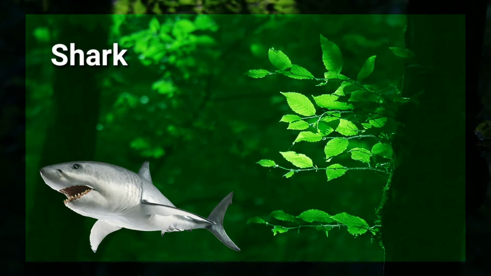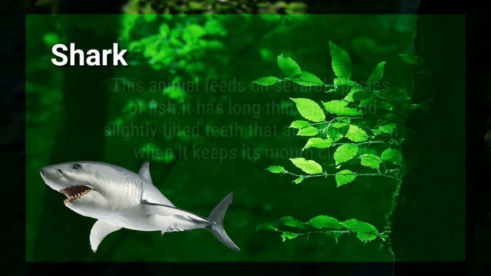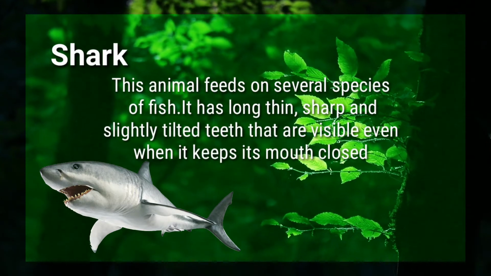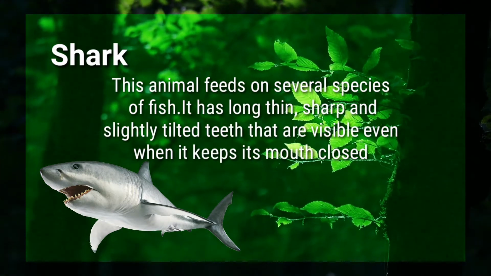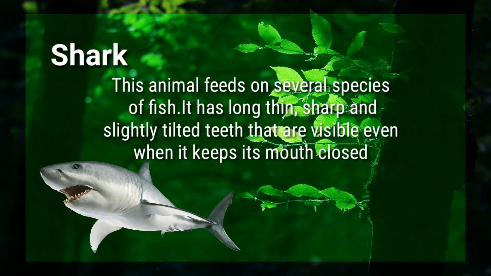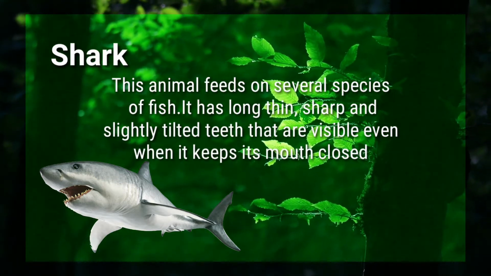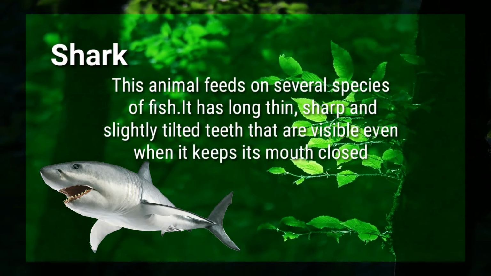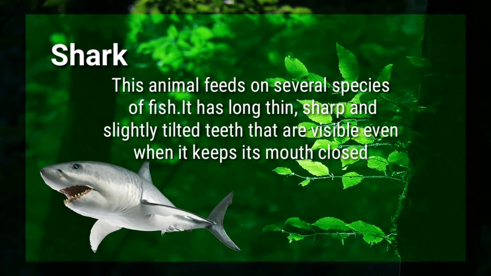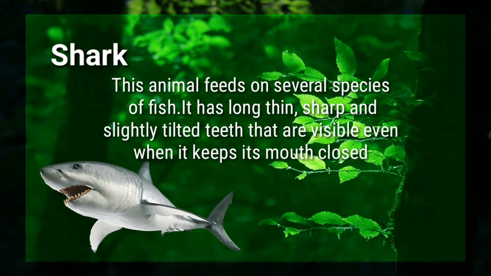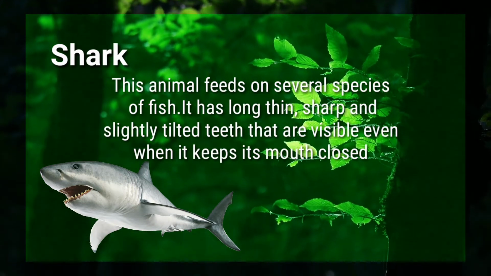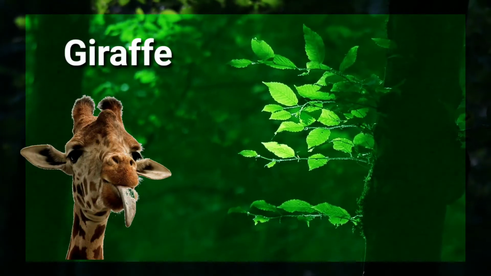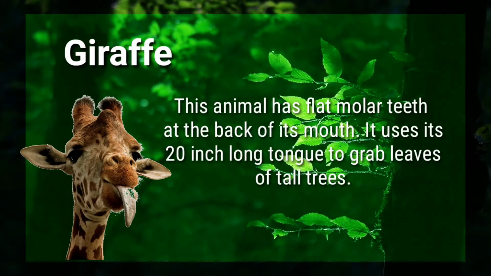Next, you are seeing a shark. This animal feeds on several species of fish. It has long, thin, sharp and slightly tilted teeth that are visible even when it keeps its mouth closed. Next you are seeing a giraffe. Why does a giraffe have a long neck?